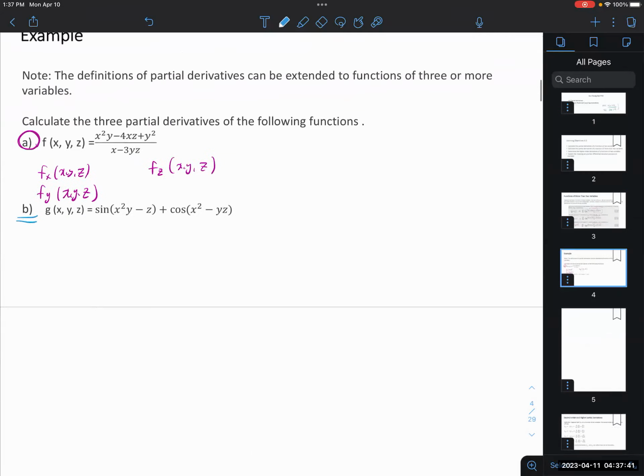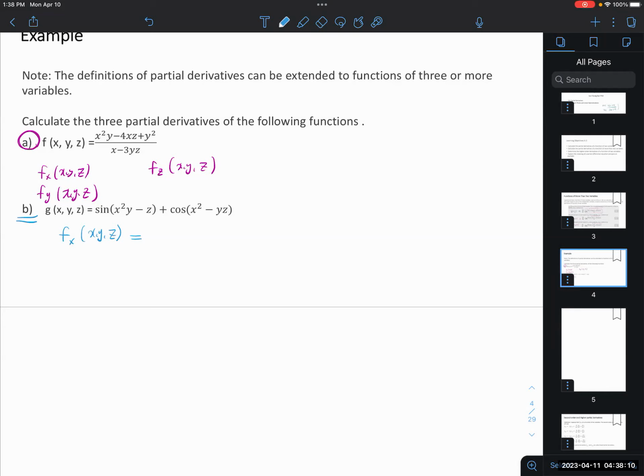So we have a g function, and then it is sine x squared y minus z plus cosine x squared minus yz. So we're gonna do step by step because we have to find all three x, y, z partial differentiations. I'm gonna start by focusing on x. In other words, I'm taking differentiation with respect to the x variable. It implies that y and z are going to be constants.